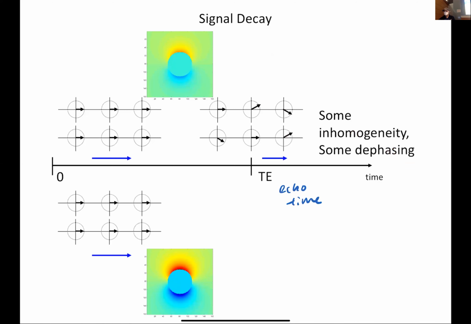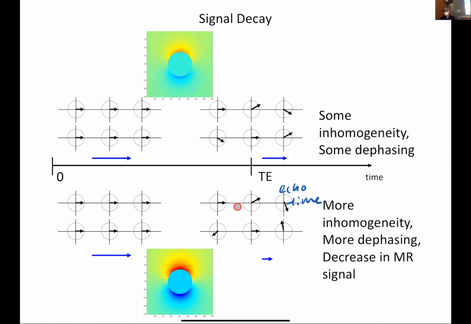Now, if I increase the inhomogeneity, let's say I get close to a sinus cavity, then the spins experience much more variation in fields. And so they're going to get even more out of phase, and there's going to be an even bigger decrease in my MR signal.